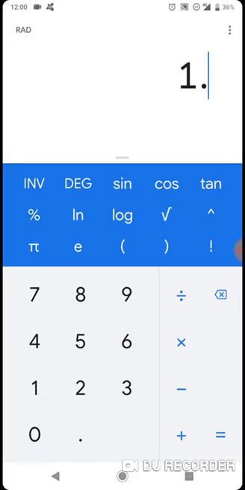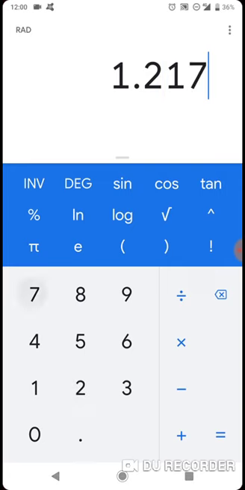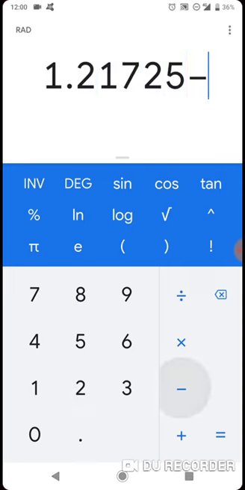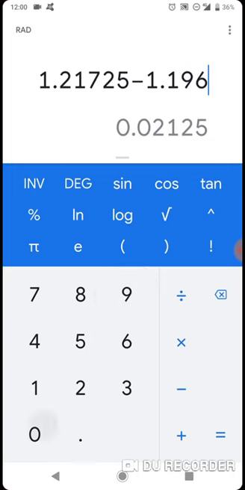It's a buy trade, so that means that the destination price is higher than the current price. 1.21725 minus 1.19600.